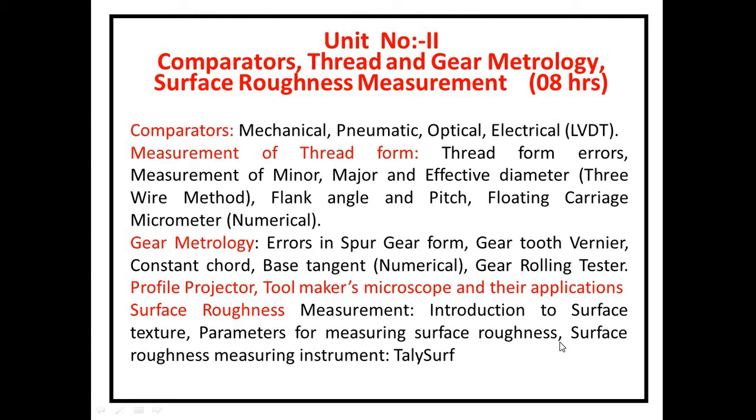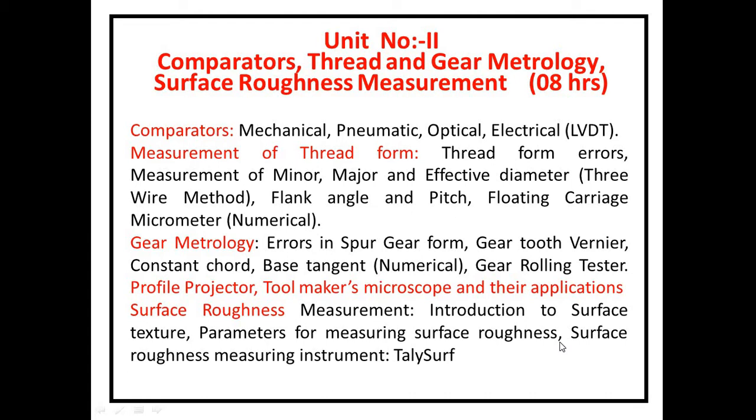In the measurement of the thread forms, you have to study the various thread form errors, measurement of minor, major and effective diameter using the 3-wire method and 2-wire method, flank angle and pitch, then floating carriage micrometer, numericals.